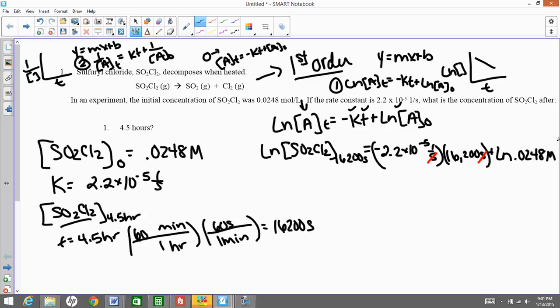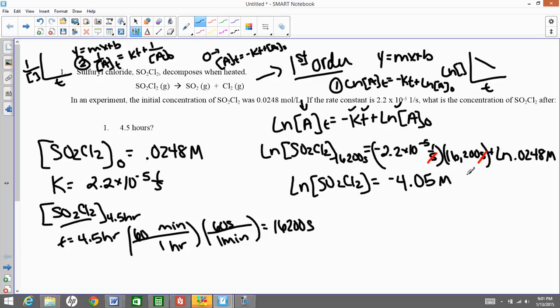I have negative 2.2 times 10 to the negative fifth times 16,200. And to that, I am going to add the natural log of 0.0248. And when I do so, I get the natural log of SO2Cl2 is equal to negative 4.05.